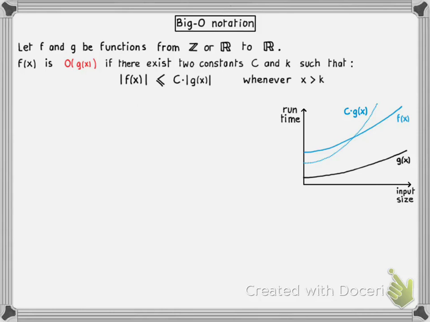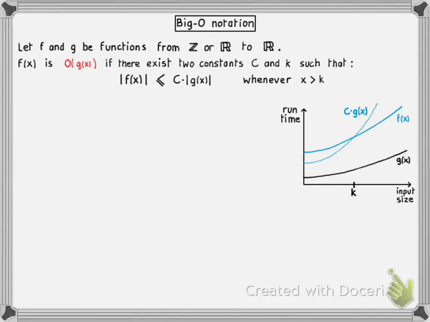But the good news is that starting at this point, going to the right, c times g of x appears to be always larger than f of x, or above f of x in the graph. So we're going to take this point down here as the value for the constant k.